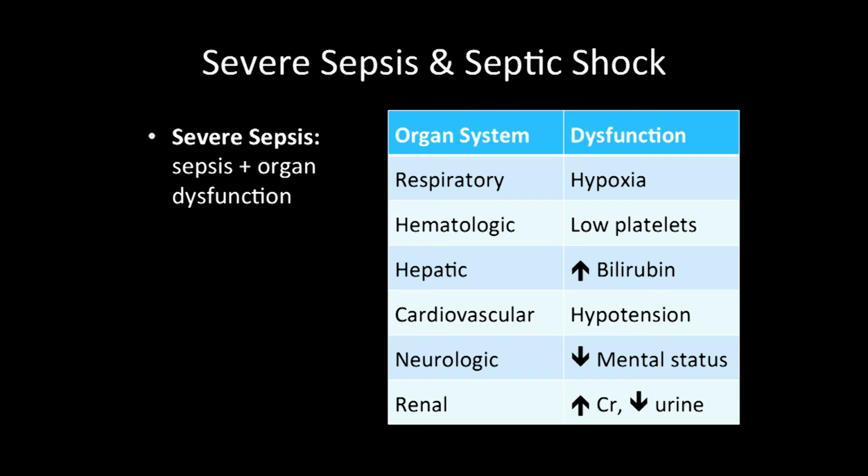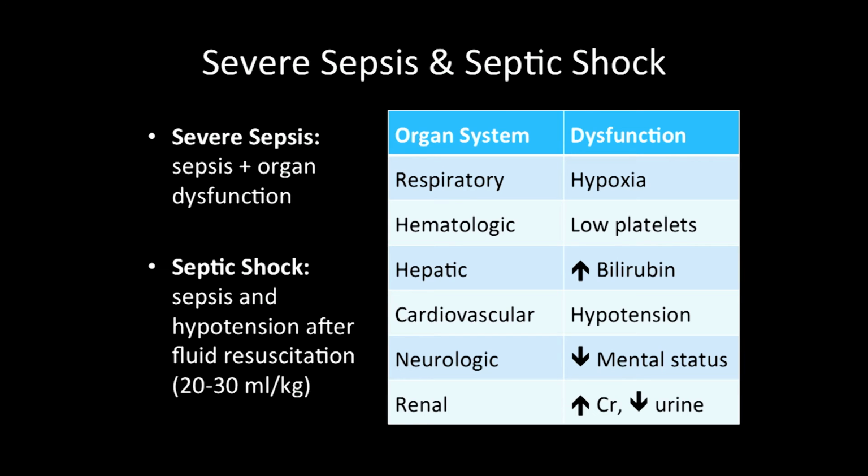In the hepatic system, starting to see a rise or elevation in that bilirubin. The cardiovascular system, hypotension. Neurologic, we start to see that depressed or altered mental status. And in the renal system, seeing a rising creatinine or a decreasing urine output as a sign of organ system dysfunction. So sepsis plus organ dysfunction is considered severe sepsis.